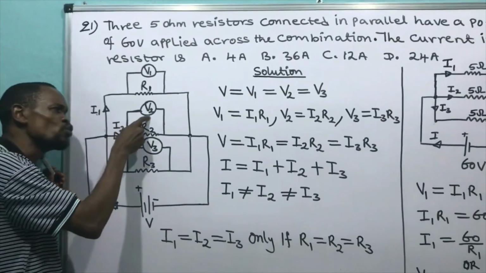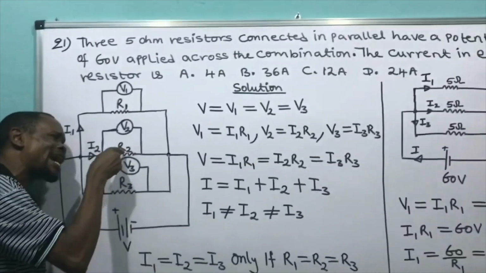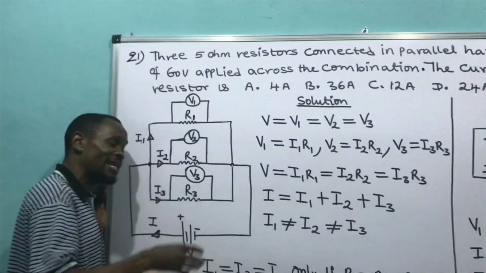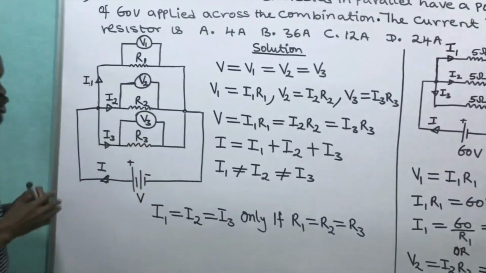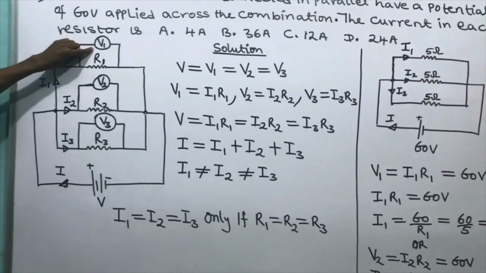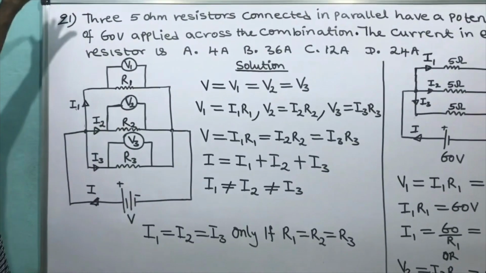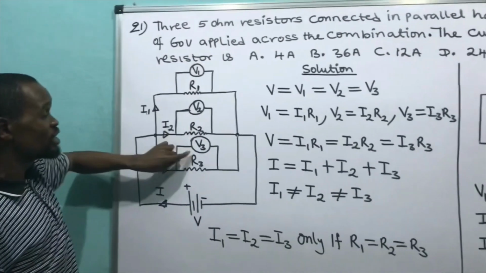While this V2 is voltmeter 2, used to measure the voltage drop across R2, and this V3 is voltmeter 3, used to measure the voltage across R3. Then let me shock you. The voltage drop across this one, this one and this one are the same. If the voltage drop across this one is 20, this one will be 20, this one will be 20.